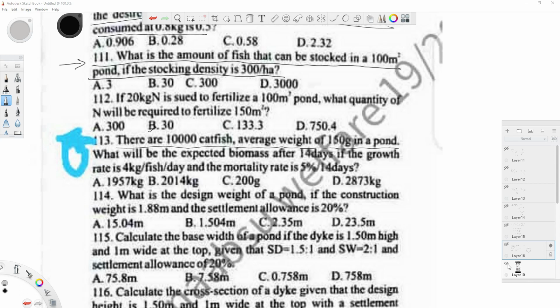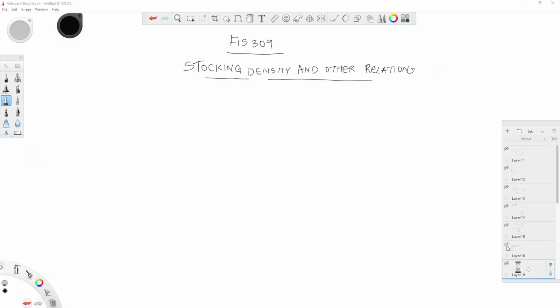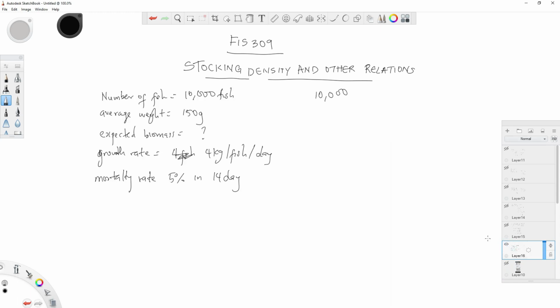This is a mistake. How can fish gain 4 kg in a day? It should be 4 grams per fish per day. This should be grams, not kg. The question is not correct. Well, either way, now the growth rate is this.